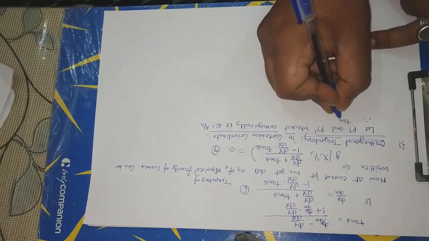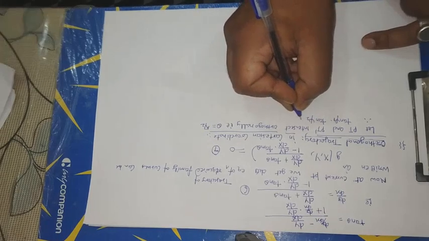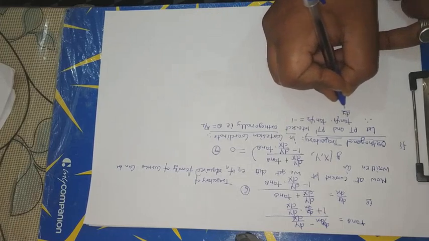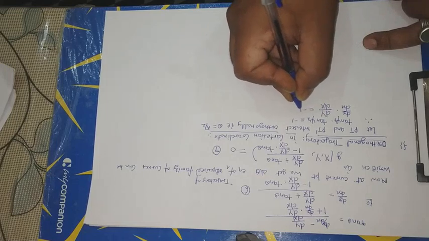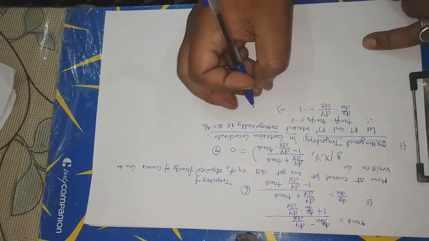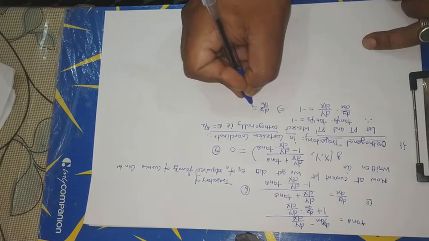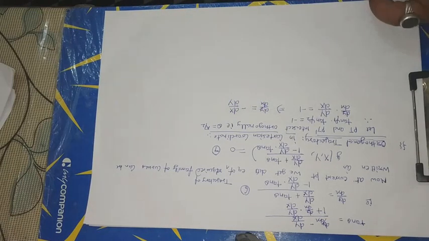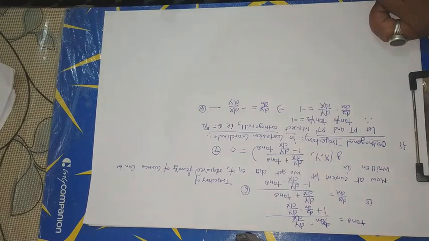Therefore tan psi 1 into tan psi 2 will be minus 1, that is, small dy upon dx into capital dy upon dx is minus 1. Therefore the value of small dy dx equals minus capital dx upon dy. Say this is represented by equation number 8.